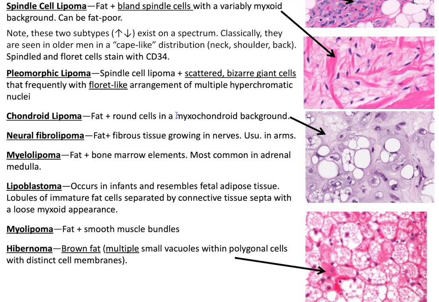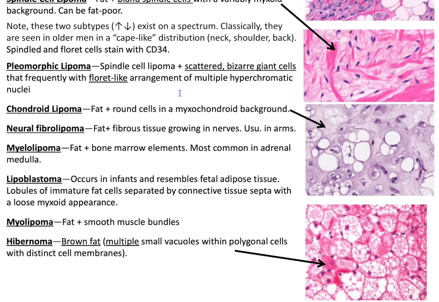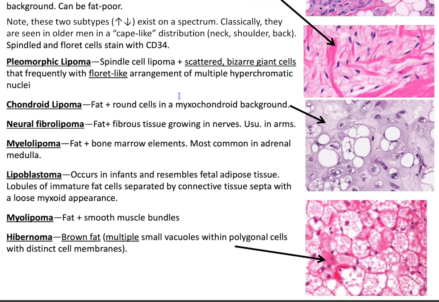Pleomorphic lipoma, you'll see it's on the spectrum of spindle cell lipoma, and the difference is you'll see these scattered bizarre giant cells that have these floret-like arrangements of multiple hyperchromatic nuclei. So your differential, at least for me, I always get confused with pleomorphic lipoma and atypical lipomatous tumor / well-differentiated liposarcoma.